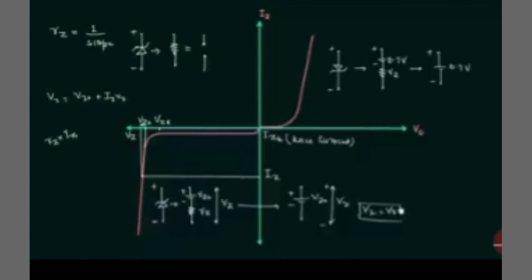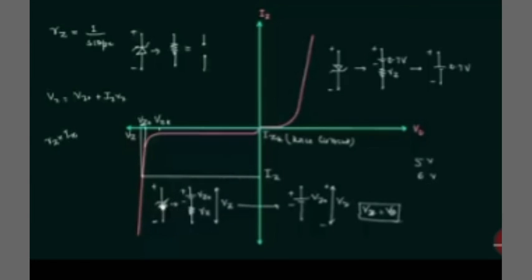Here you can clearly see this is Vz naught. You can easily see the Zener voltage is equal to Vz naught, and Vz naught is already mentioned in the specification sheet. If you need 5 volts or 6 volts of constant voltage across any resistance, then you can easily connect the Zener diode across the resistance and apply a reverse bias potential across the diode.